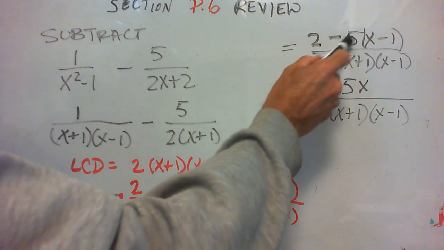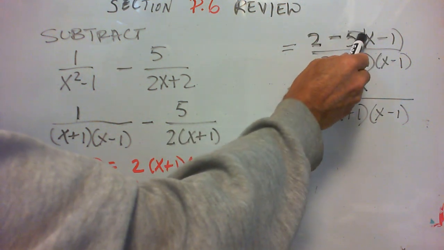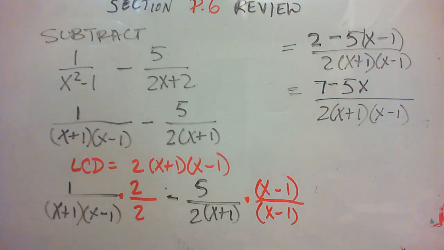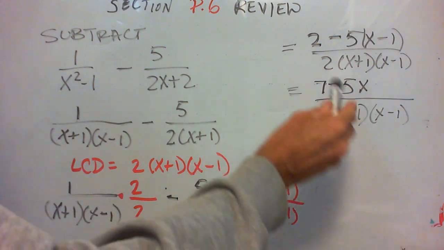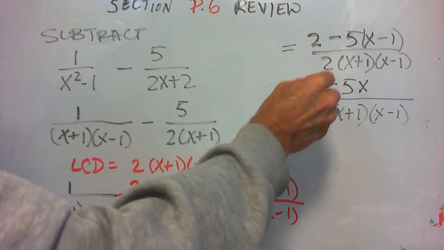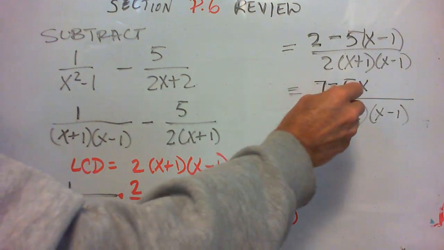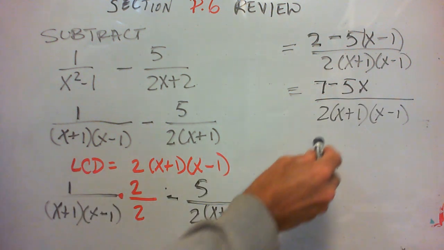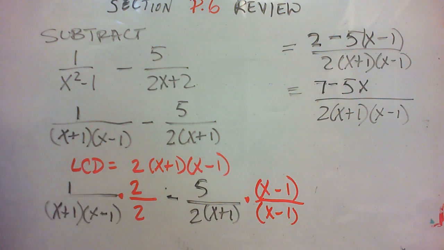When we're multiplying out that 5 times x minus 1, we're actually getting a negative 5x plus 5, because a negative 5 times negative 1 makes plus 5. So 5 added to 2 makes 7, not negative 3. So we have 7 minus 5x over 2 times x plus 1, x minus 1.